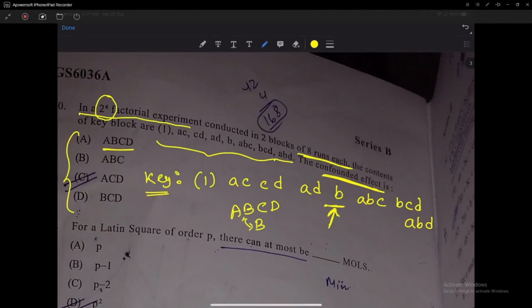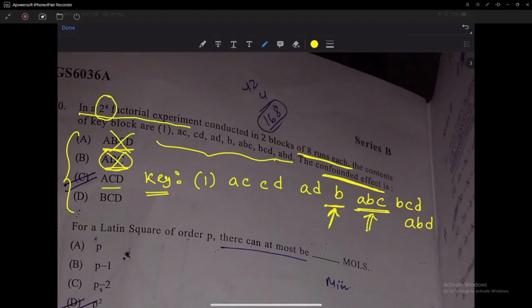The common member is basically B, which is only 1. So only an odd number of common members. So the first option is cancelled. Now let's go to the second option, which is ABC. We can see ABC is present in the key block. If ABC is present in the key block, ABC and ABC cannot have an even number of common members, as they have an odd number of common letters. So the second option is cancelled.